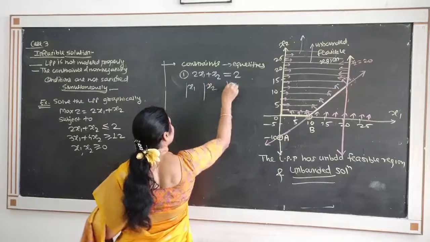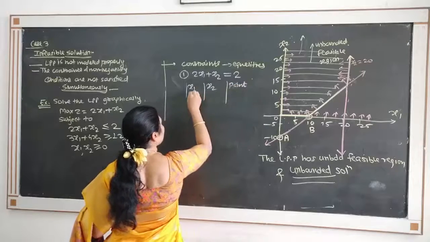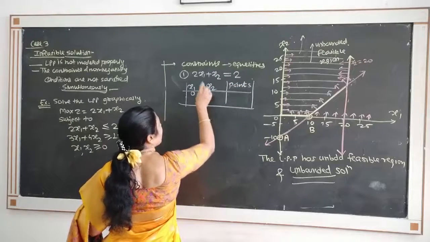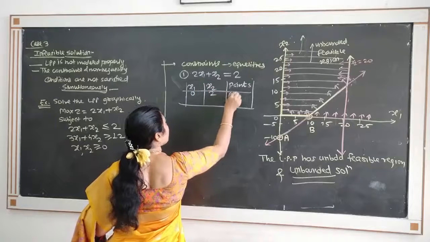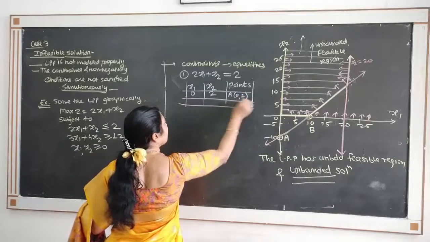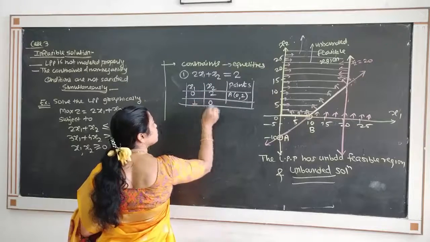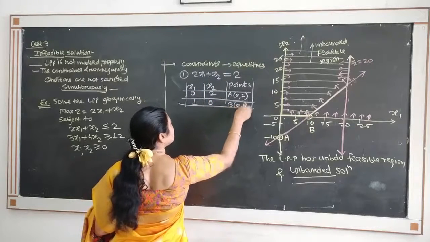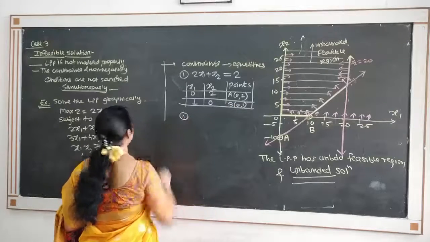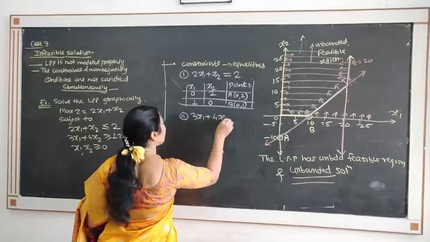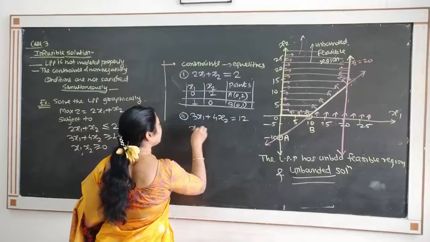We have points: when x1 equals 0, x2 is equal to 2, so the A point is 0, 2. When x2 equals 0, 2x1 is equal to 2, so x1 is equal to 1, the B point is 1, 0. The second condition, as an equality, gives 3x1 plus 4x2 equal to 12.